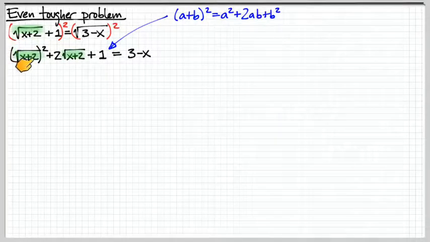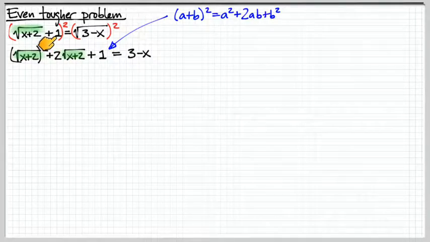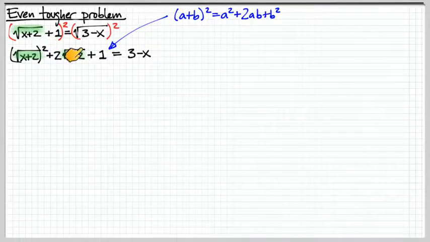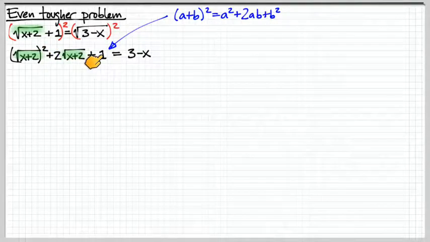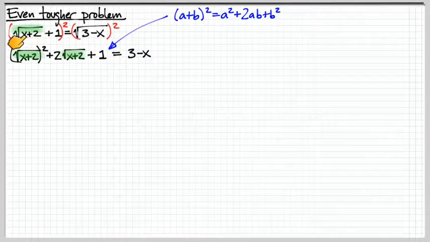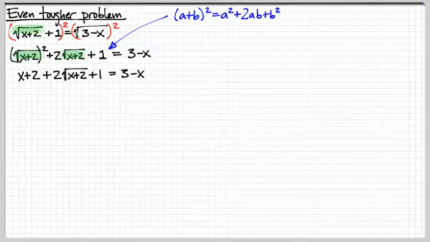We have a, this green quantity squared, plus 2 times a times b, b is 1, plus b squared, again b is 1, 1 quantity squared. So this expands here into this equation here.